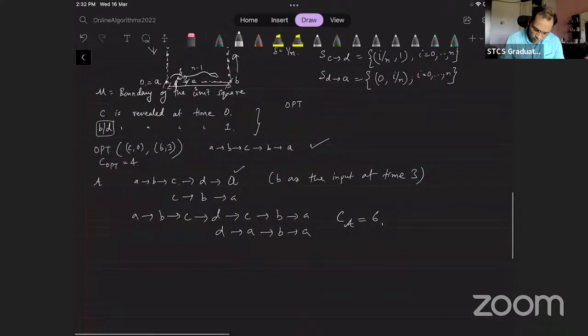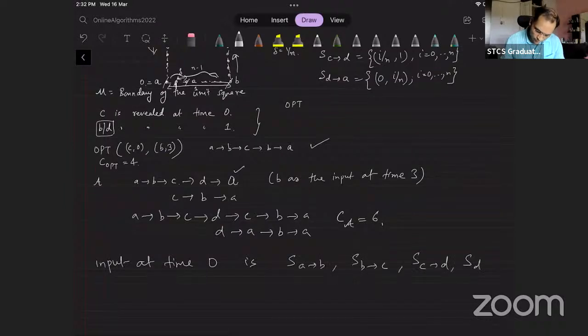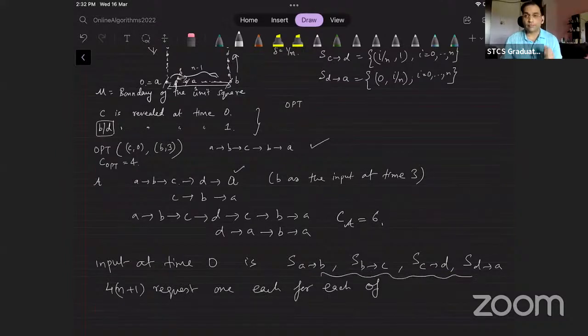is S, A to B. One point essentially each of these guys. 4n plus 1 points. One each for each of these over here.